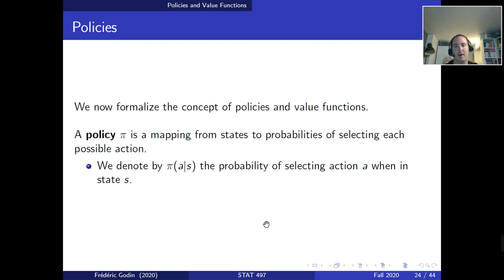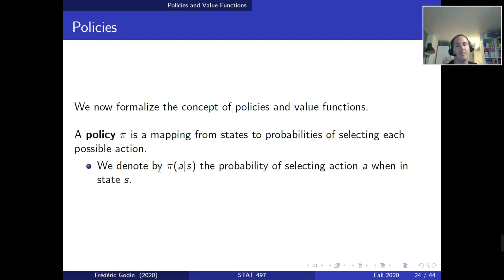Okay, so now we've discussed policies a bit loosely in the past, but we will now formalize the definition. So we will formalize what we call a policy, and then we will provide a definition for what we call a value function. So a policy pi is a mapping from states to probabilities of selecting each possible action.